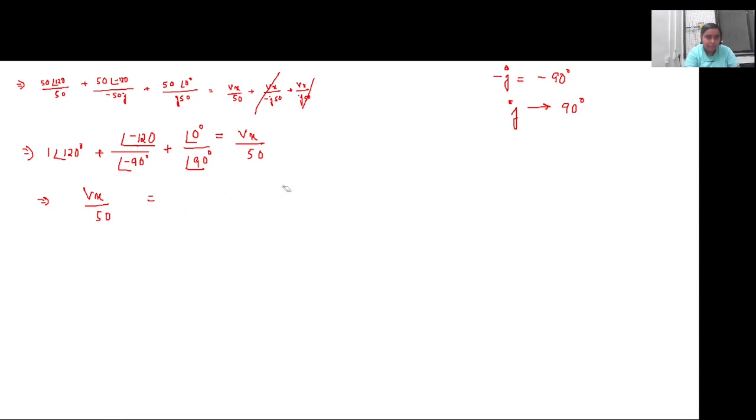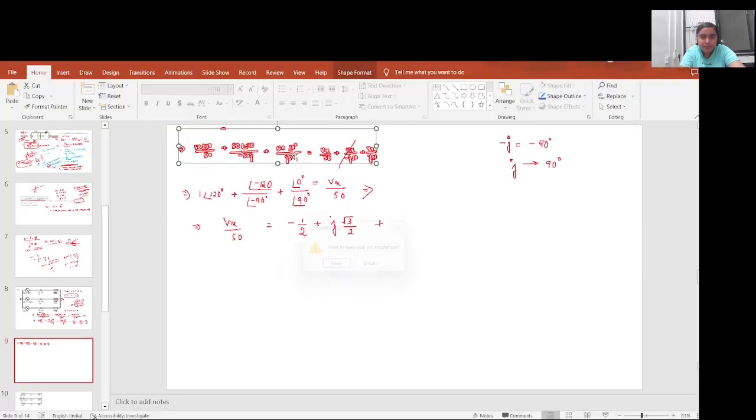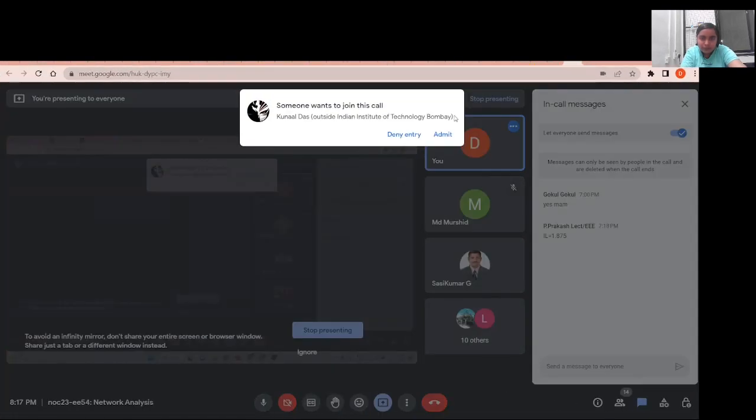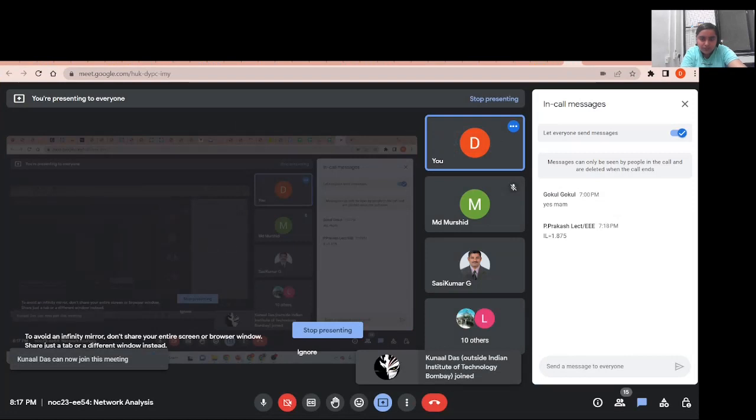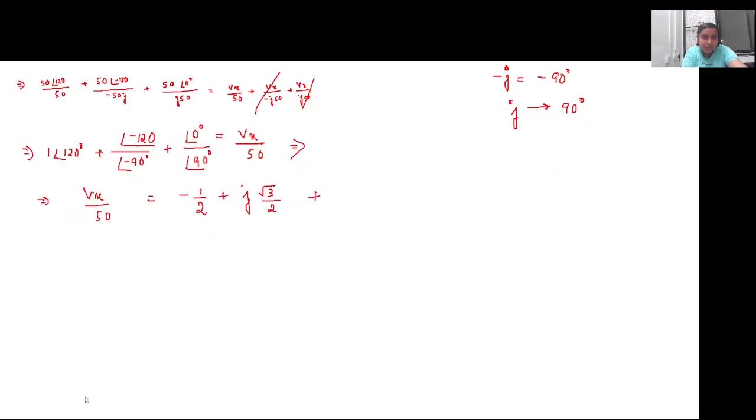So cos of 120 degree is minus half, and sine of 120 degree is root 3 by 2. So before this we should write another step. We are running out of time because we are kind of doing the last problem, but okay.